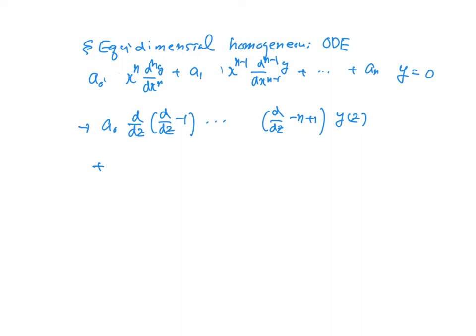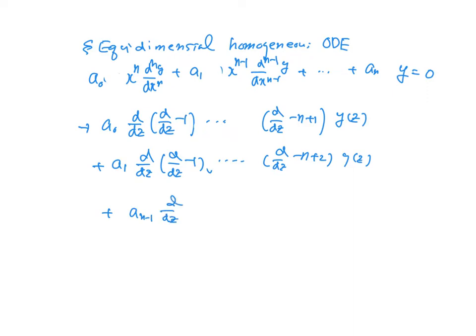plus a1 dz d minus 1 dz d minus n plus 2 yz plus ... plus an minus 1 dz d y plus an y equal to 0, right?